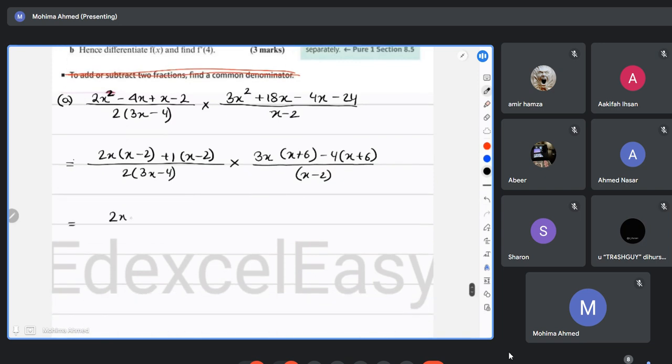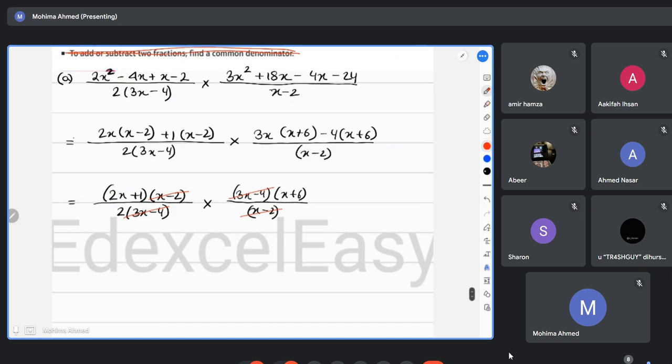Now you have 2x plus 1, x minus 2 divided by 2, 3x minus 4 and multiplied with your 3x minus 4, x plus 6 divided by x minus 2. Now this obviously x minus 2 gets cancelled out. 3x minus 4 gets cancelled out. At the end, you're going to be left with 2x plus 1 and x plus 6 divided by just 2, right? In the denominator, now you have just 2.